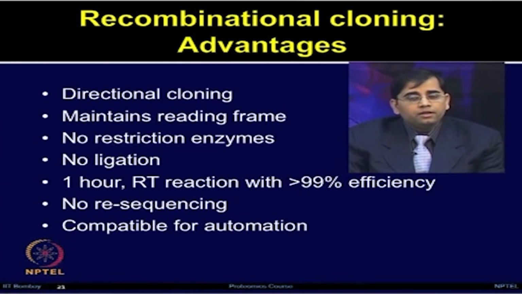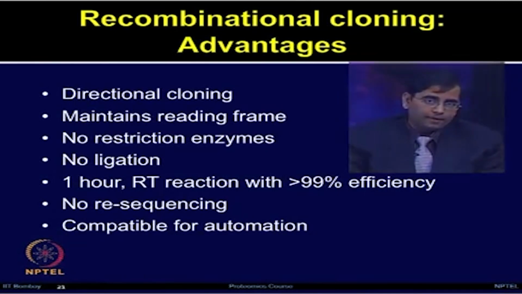The room temperature, one hour reaction increases efficiency to close to 99%. Once the reactions have been performed successfully, there is no need to do resequencing. It is almost 100% correct sequence inserted in the right vector, and the system is compatible with automation for high throughput requirements.